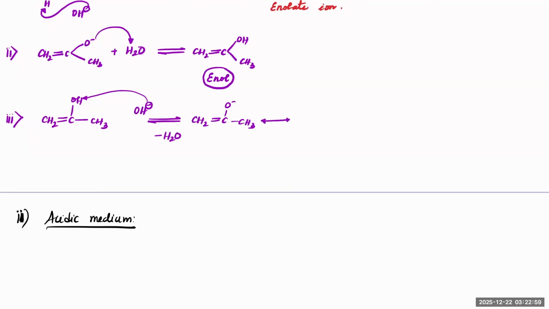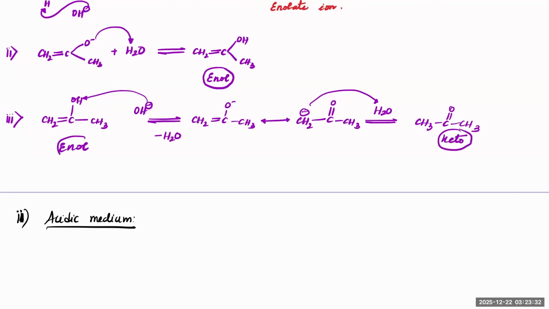Now again this can show resonance stabilization as CH2 minus, C double bond O and CH3. And from here, if we treat this with H2O, it can take H plus from water and convert into CH3, C double bond O CH3. So you can clearly notice that from the enol form, we went all the way up to ketone. So you can see it works on both sides: enol to ketone, ketone to enol.